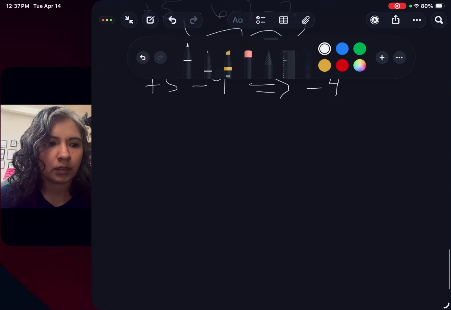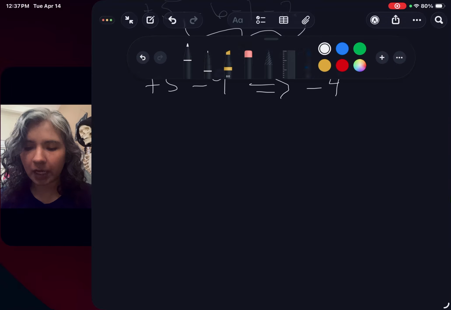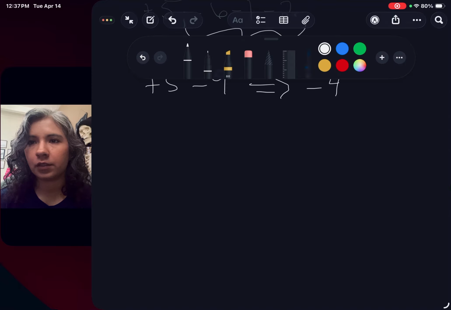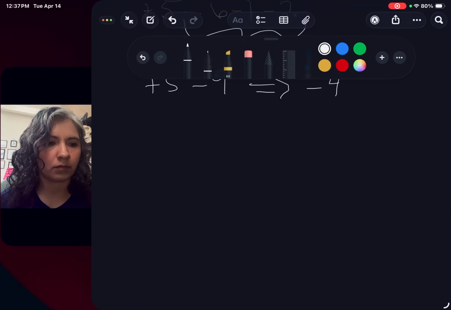Okay, so we can also use slashes to help us visually separate the terms, right? That way we're not getting confused.